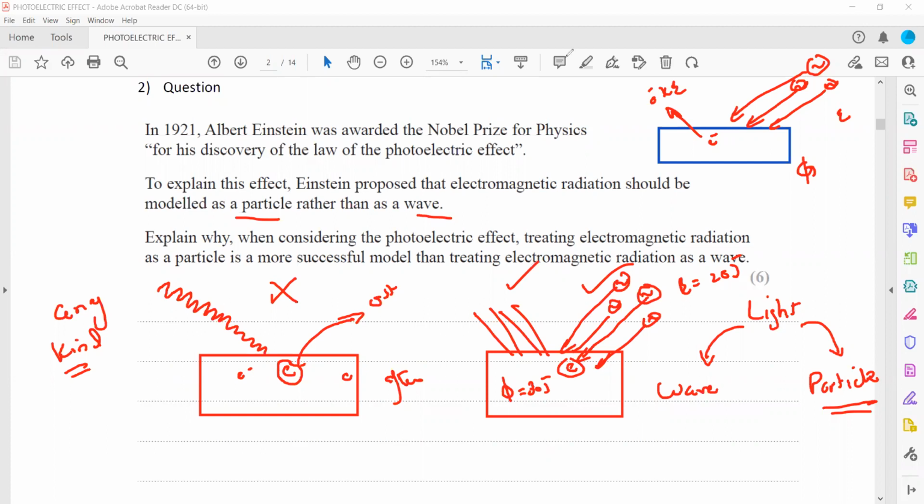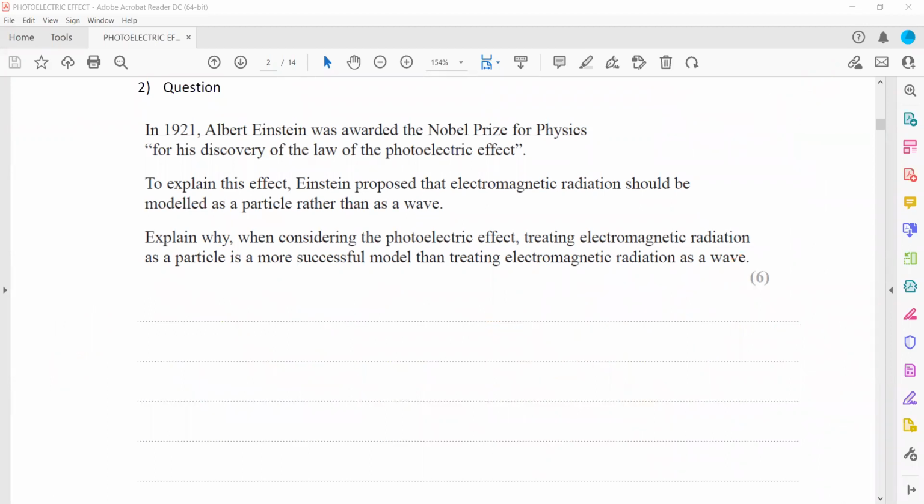So when you write the answer for this, what are the points which you should consider?